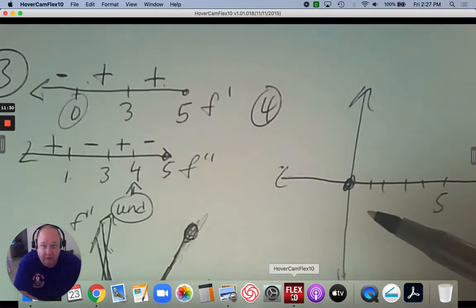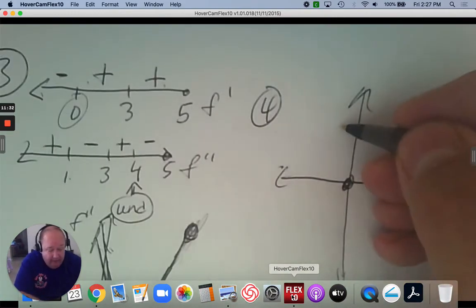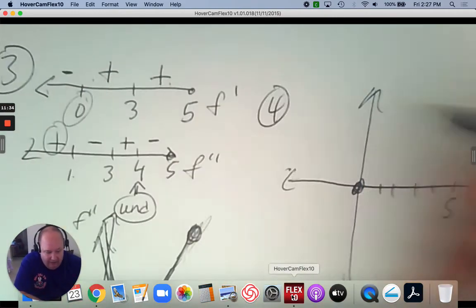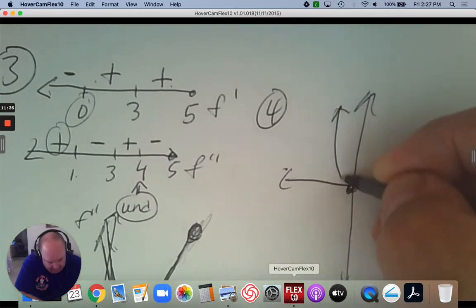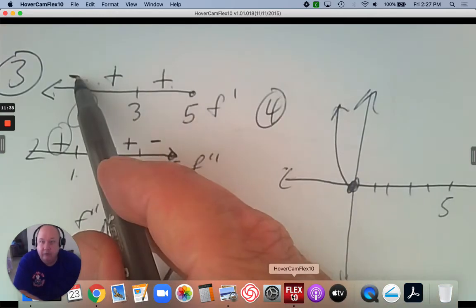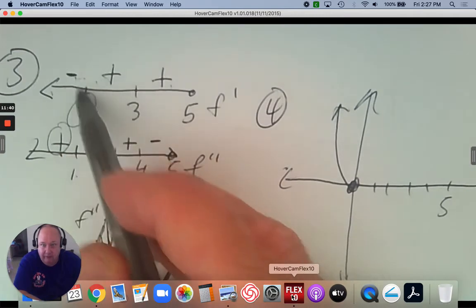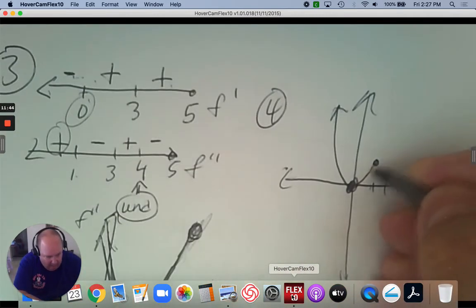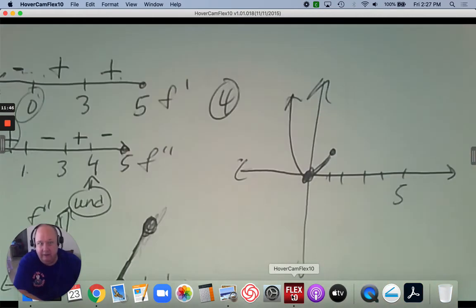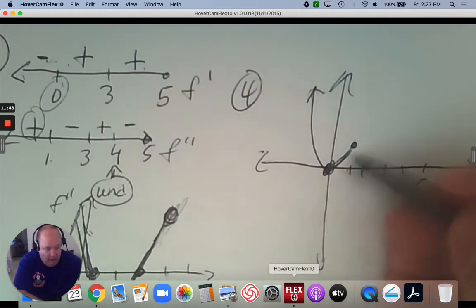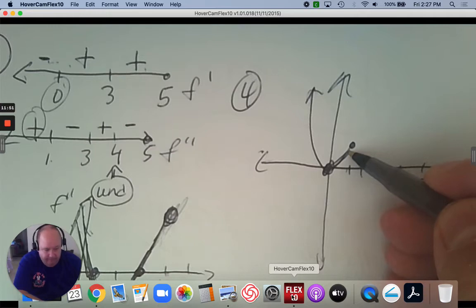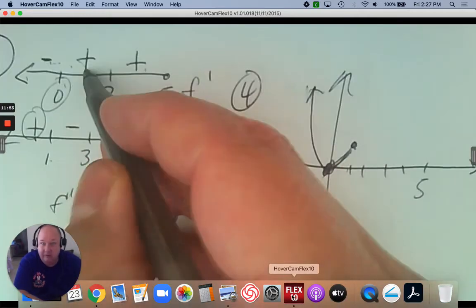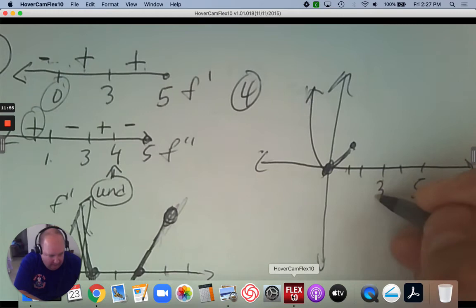And at 0, we have a minimum. So it's concave up and decreasing. It turns at 0. And then somewhere here at 1, it's going to change concavity. So it's concave up all the way to 1. It's decreasing, then increasing. It continues to increase up to 3.